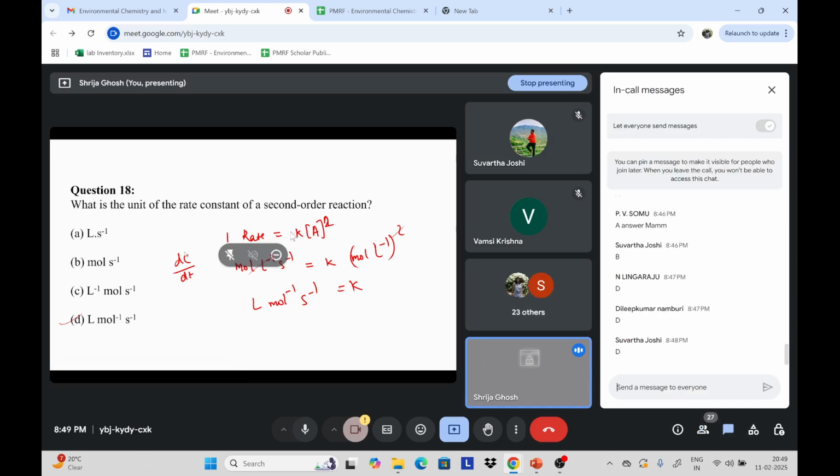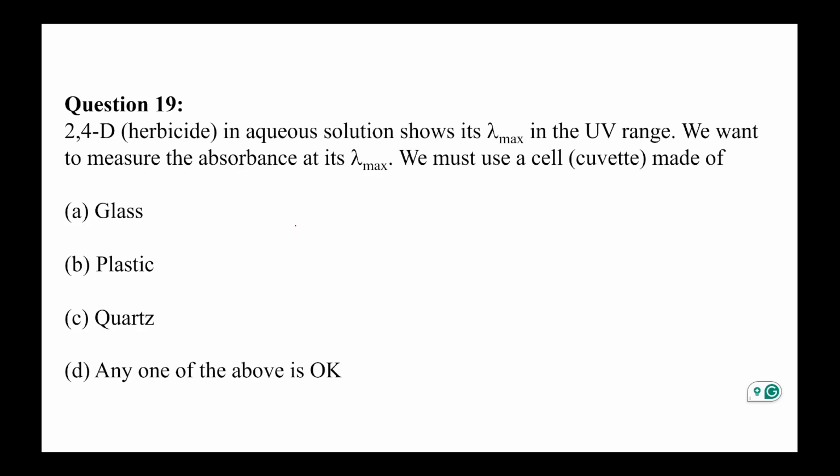Okay, so all of you answered it correctly. So this is the last question. 2,4-D, which is a herbicide, in aqueous solution shows its lambda max in the UV range. We want to measure the absorbance at its lambda max. So lambda is the wavelength. Okay, so the maximum wavelength at which 2,4-D is showing absorbance is in the UV range.